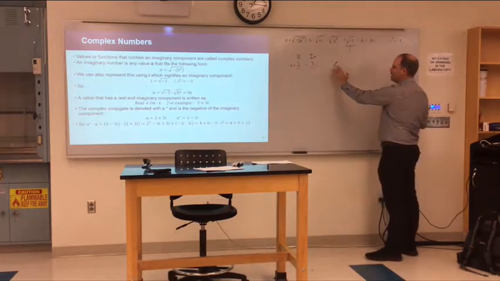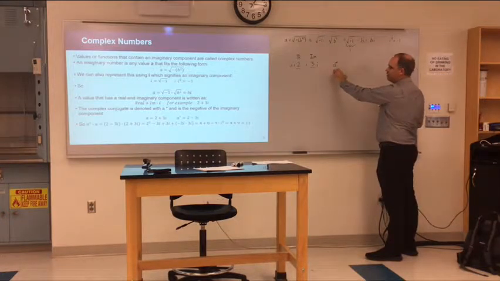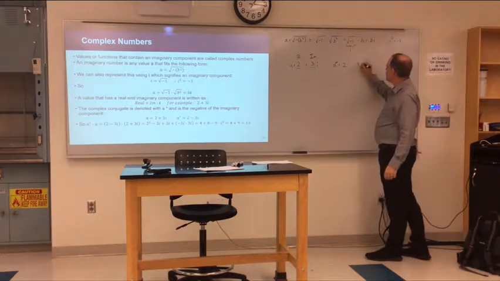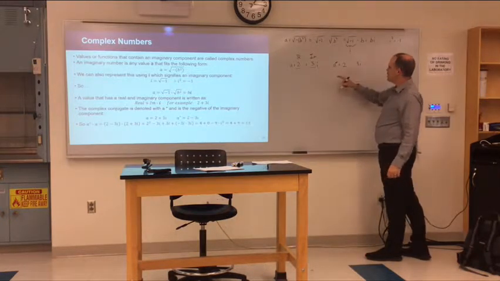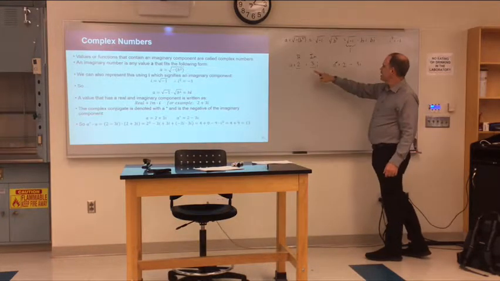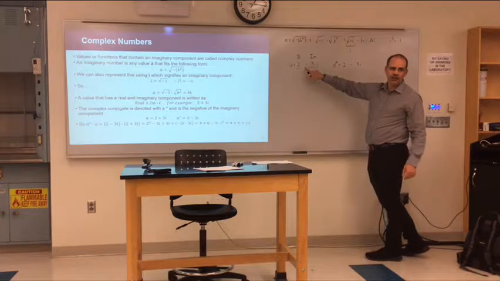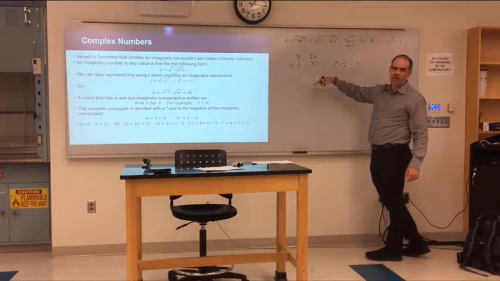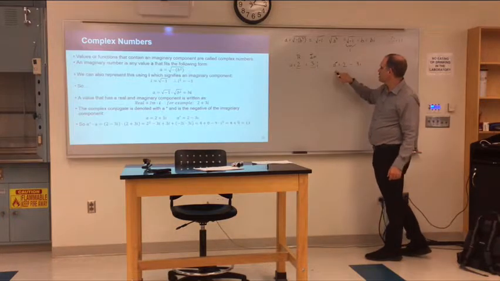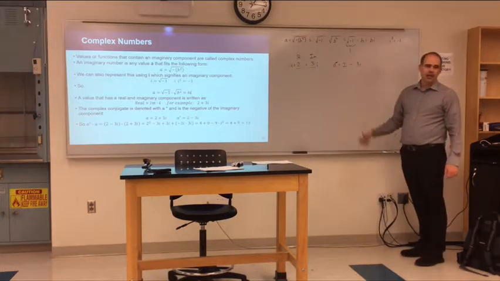This is called the complex conjugate of our number. The real component is the exact same. Your imaginary component is virtually the same. The difference is you flip the sign. So if it was added, then it's subtracted. If it was subtracted, then it's added.